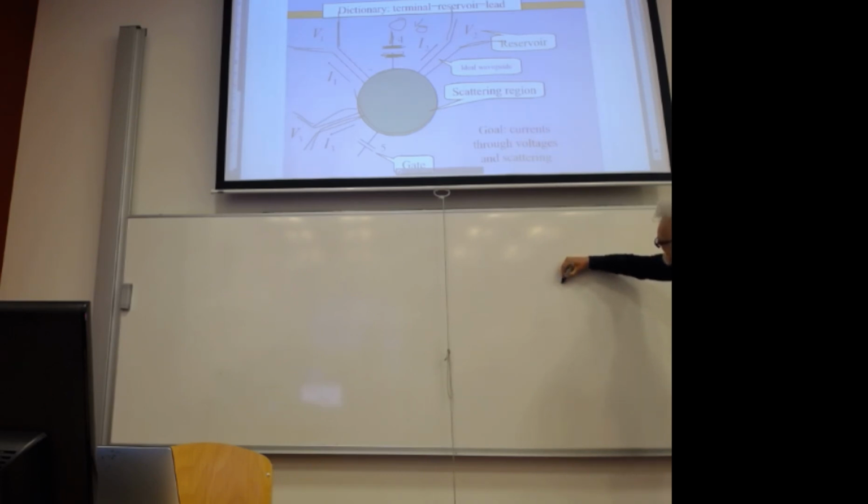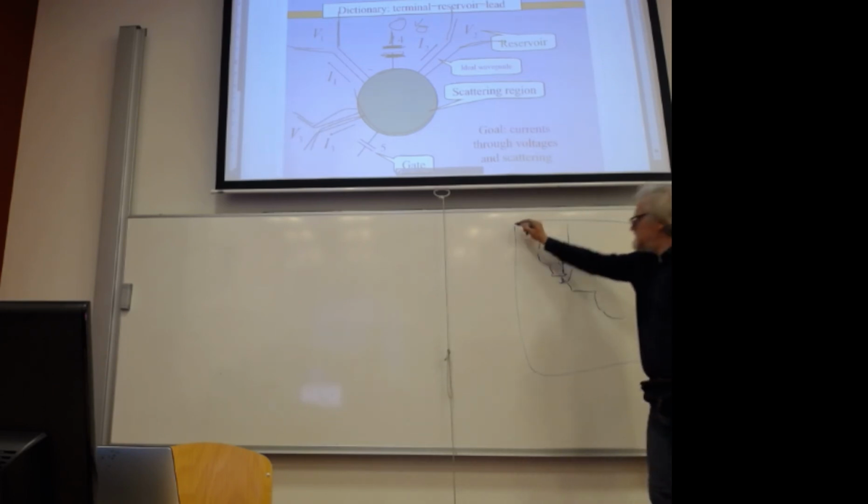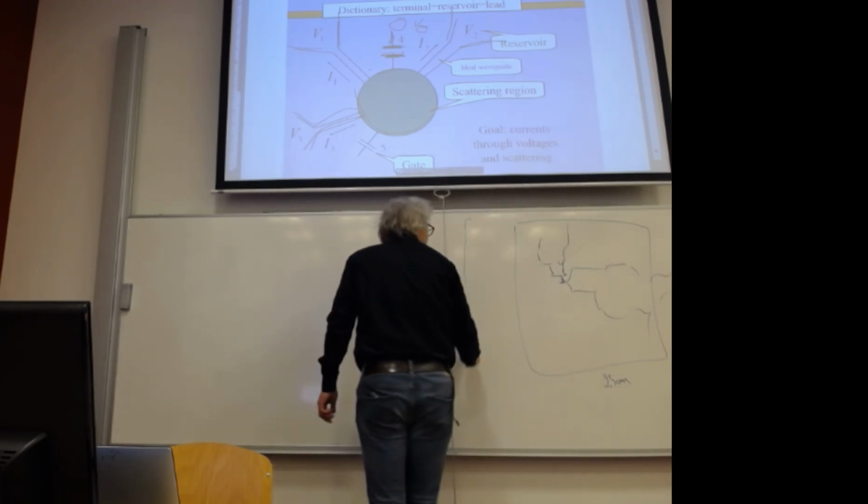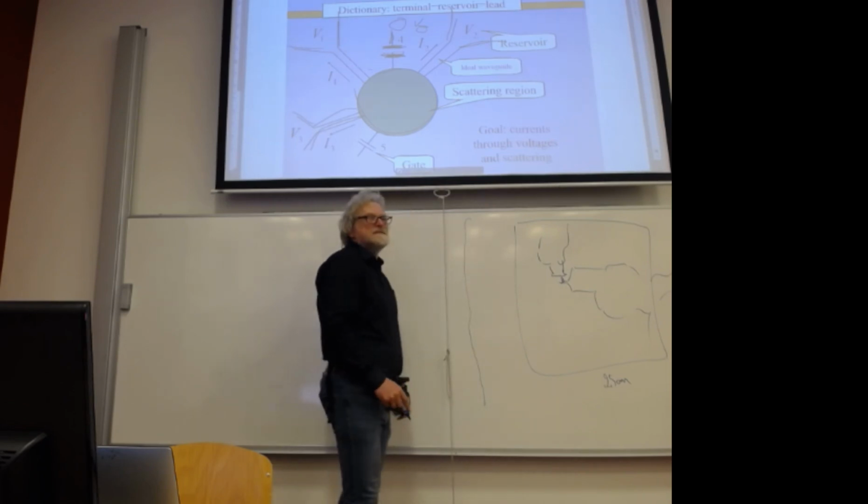So the first lead, second lead, third lead, they become bigger and bigger and bigger. So that is a chip, a 1 inch chip. And there are some wires, and it is all in a dilution refrigerator of about that size. It's the real size.